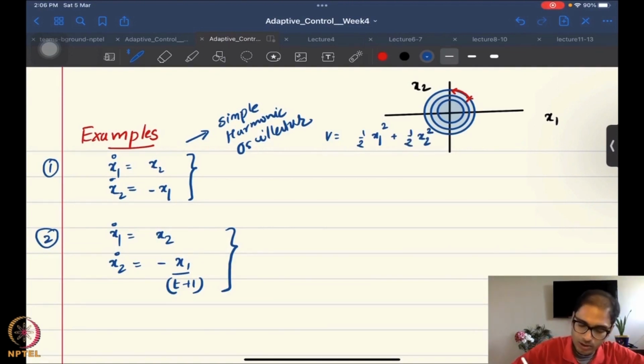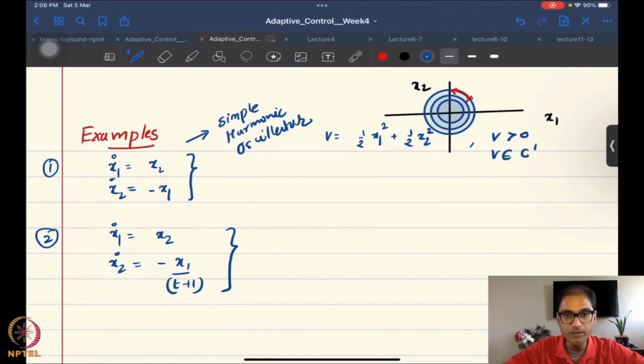V is positive definite, and V is a C1 function, once continuously differentiable at least. In fact, it is a smooth function, since it's polynomials, so I can differentiate it as many times as I want. So it's already a candidate Lyapunov function, and I'm ready to apply my Lyapunov theorem.